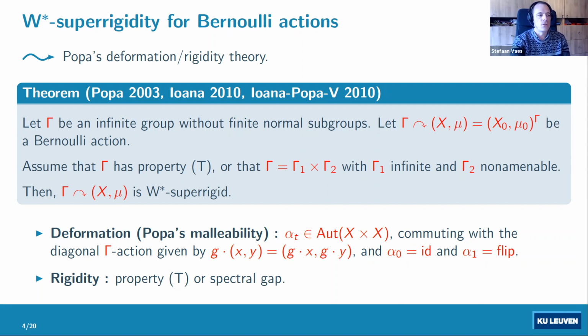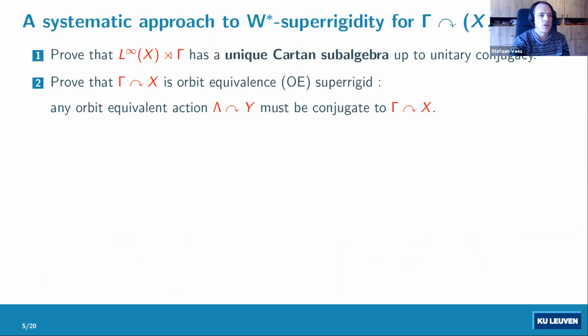So how can one try to prove that kind of results? How can one ever try to prove that you can recover a group action from such a crossed product von Neumann algebra? So there are actually two ingredients to do this. And the first one is that you should essentially prove that this crossed product has the canonical subalgebra L infinity of X as its unique Cartan subalgebra up to unitary conjugacy.